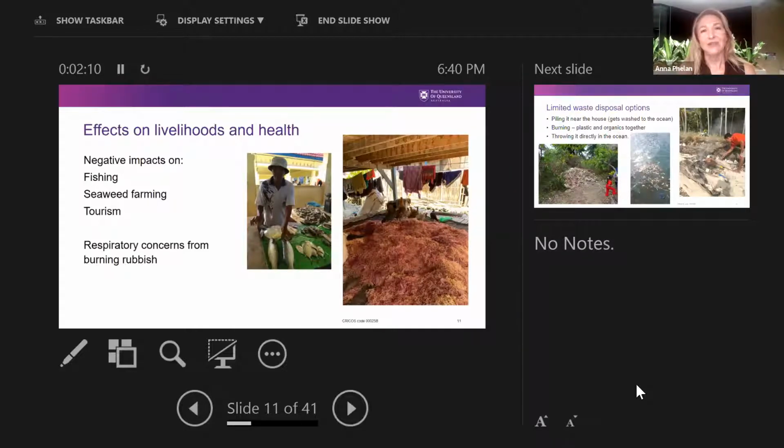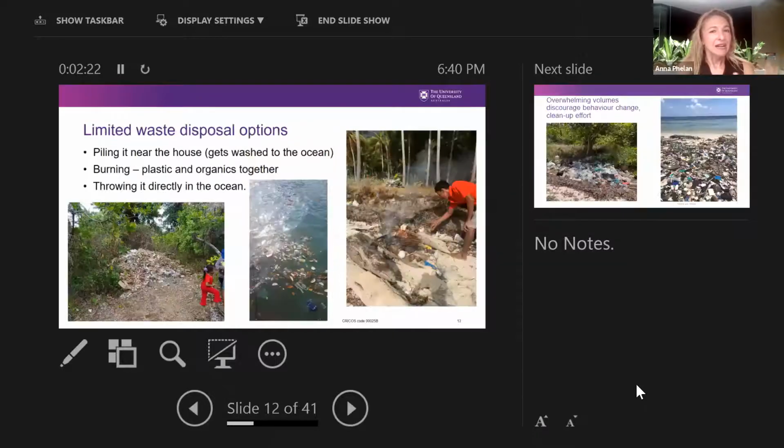Management of it leads to traditional ways of incineration and burning, which will probably have long-term health consequences. A lot of this is quite well known, but I just want to point out there are limited disposal options, hence these complex problems.